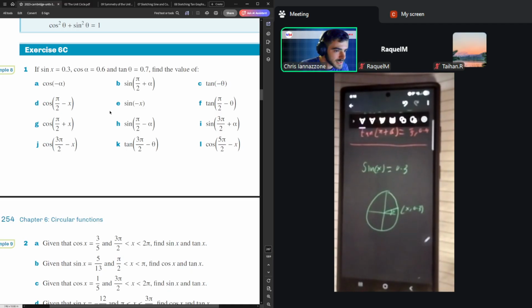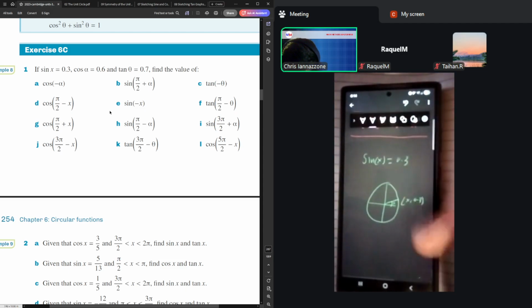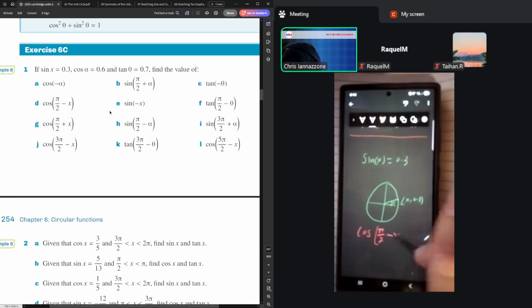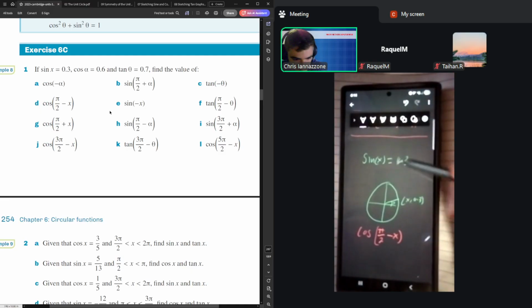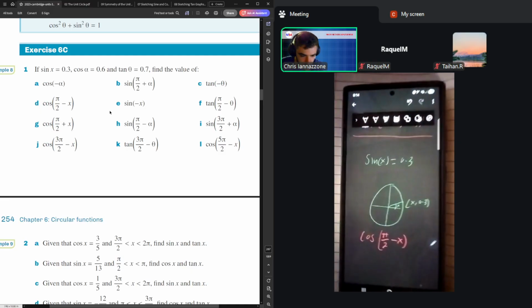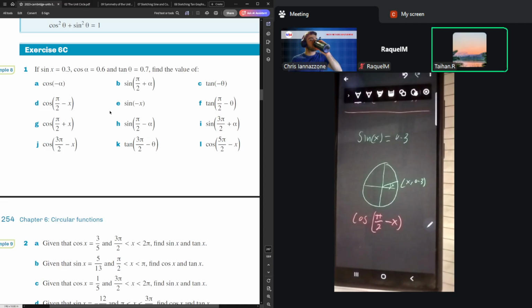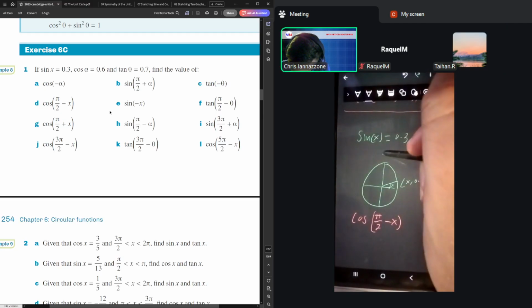And what's the first thing that has x in it? Cos pi over 2 minus x. Cool. So we have this as our initial thing, and we want to figure out what cos of pi over 2 minus x would therefore be. How are we going to do it? So it's pi over 2, so we'll start at the top, kind of.